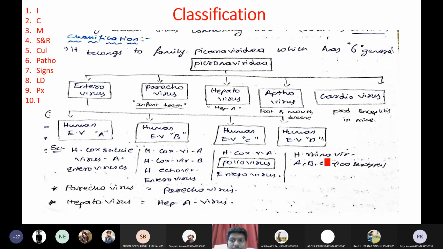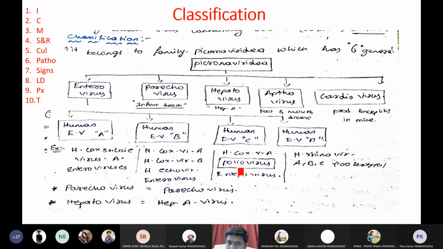Rhinoviruses are one of the common viruses that cause the common cold. Usually you will get a cold in the winter season, right? That cold occurs because of these rhinoviruses, and rhinoviruses belong to enterovirus D, to the genus enterovirus, to the family Picornaviridae. So if I ask you what is poliovirus, you should tell its classification.